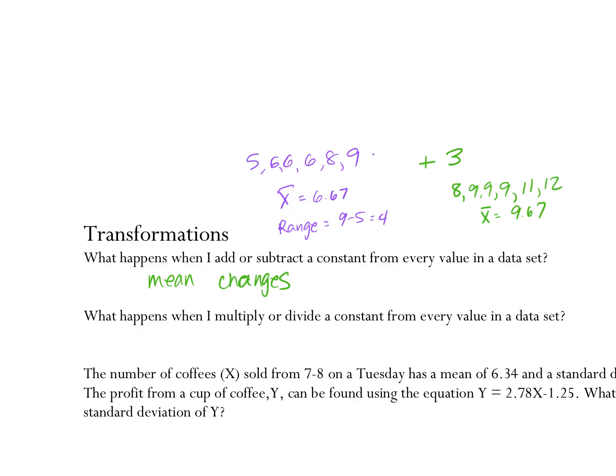Now, what about my range? If you imagine this dot plot versus this dot plot, I would just shift this one over right 3 units. The mean would go with it, but it's not going to be more spread out. So the range would still be 12 minus 8, which is 4. The mean changes, the range stays the same.